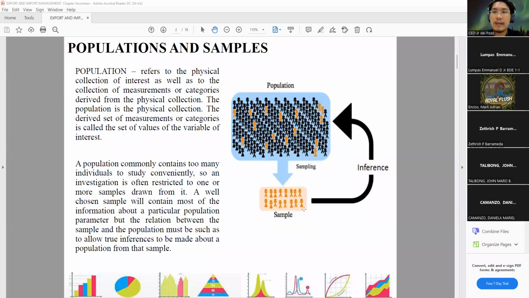From there, we identify what kind of study we are going to do from this sample. After we get the data, it undergoes inferences. Inferences meaning you do the statistical analysis, and from that result, you can interpret now what is the behavior of the whole population.